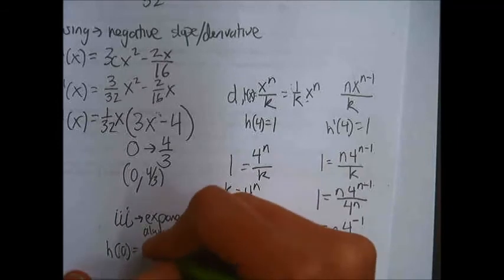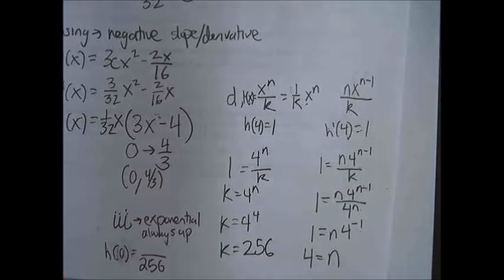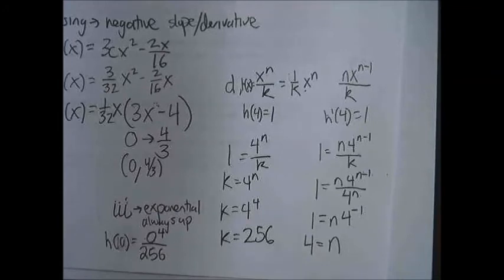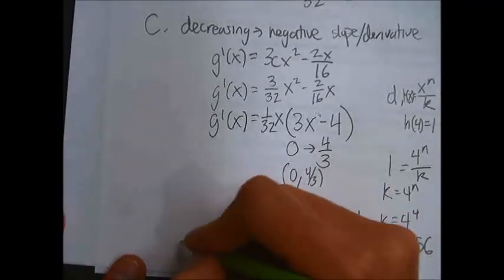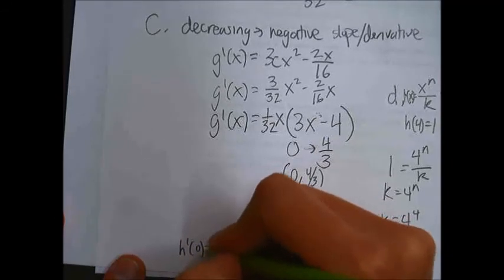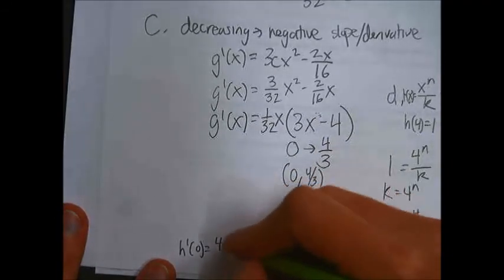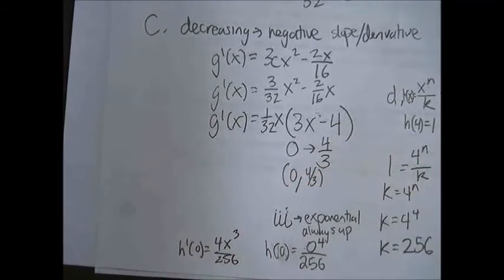So if I plug in 0, I get, okay, so k is 256. So h of 0 is equal to 256 on the bottom, and on the top, our x is 0 to the 4th. Well, it turns out 0 to the 4th is 0, divided by 256. We're good to go. Now the slope needs to also be 0, so I plug stuff into that. I'm going to do it over here.